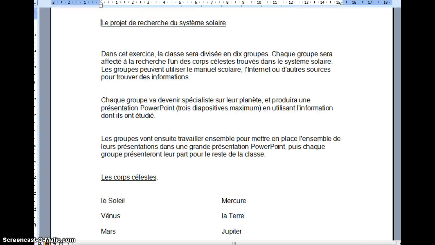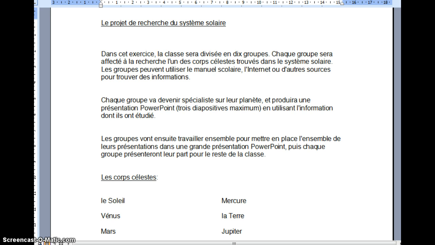For the first part of the exercise, the class is going to be divided into 10 groups. Each group will do research on one of the 10 main parts of the solar system: Sun, Mercury, Venus, Earth, Mars, Jupiter, and all the other major planets.